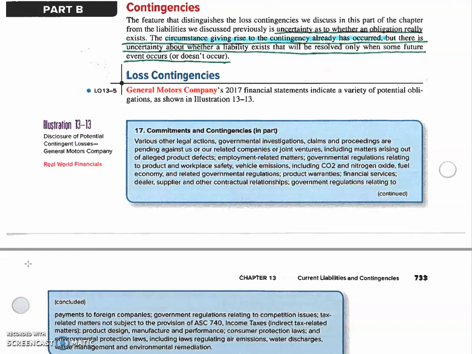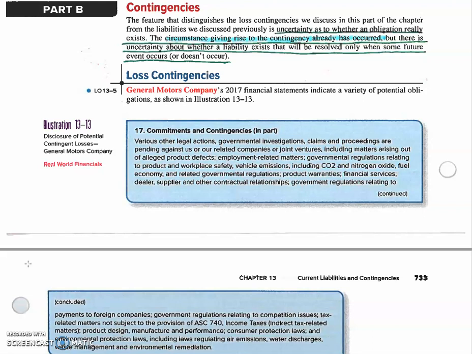What if it's something like a warranty claim? And so we sell $1 million worth of goods that we have issued a warranty, and we know historically that 3% will be presented for warranty claims. And so our warranty claims will be about 3% of sales. So we sold $1 million worth. Well, 3% of that is $30,000.